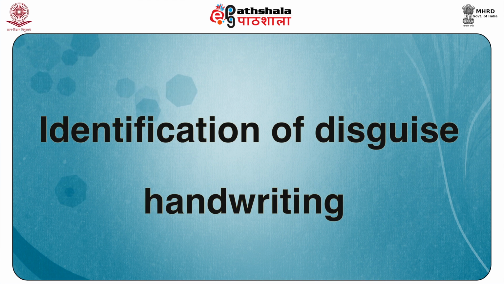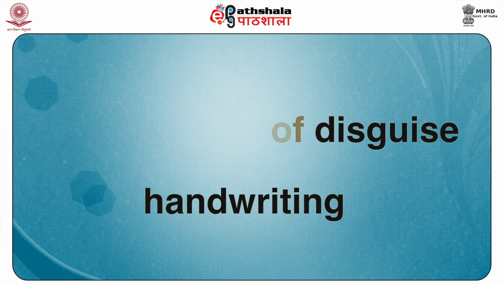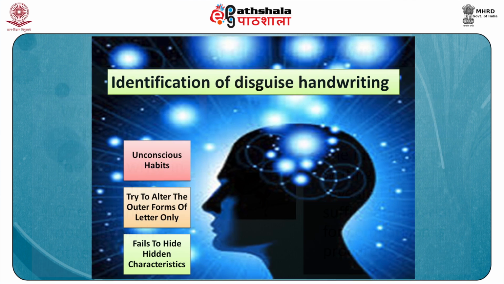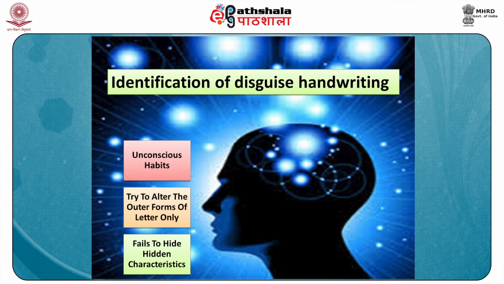Now, let me tell you how identification of disguised handwriting is done. A well educated person, when they write, can write in a different manner, and the one writing will not tally with the other. It is not difficult, but impossible for an individual to materially change the writing habits.